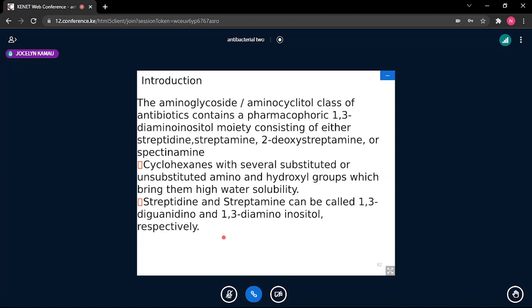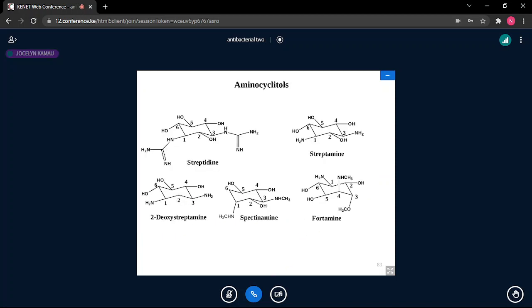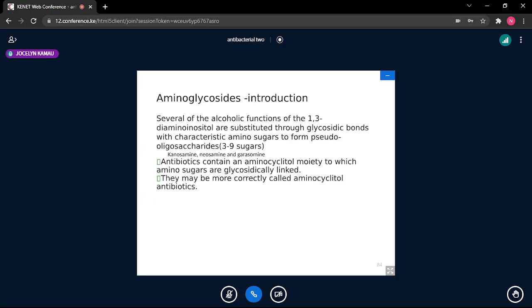So the aminocyclitol is also what we are saying is a substituted inositol. And of course, now I hope that is clear. We have already looked at that. If you have any questions, please raise them.